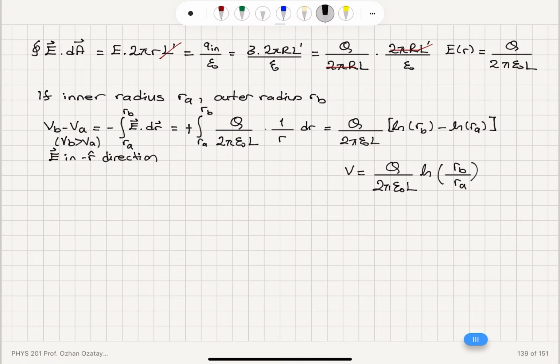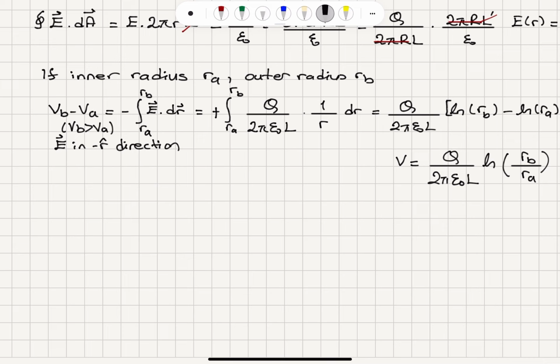So that's the potential. Now, how much is the capacitance? The total charge Q is equal to the potential difference V multiplied by capacitance.